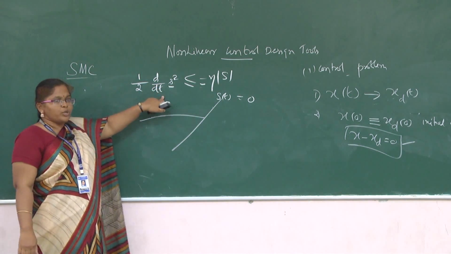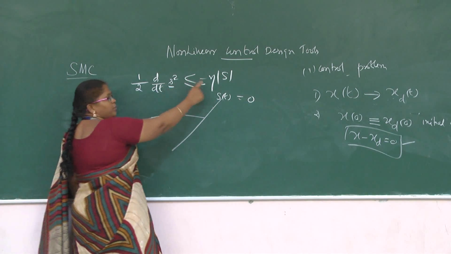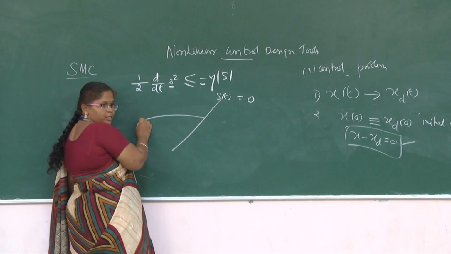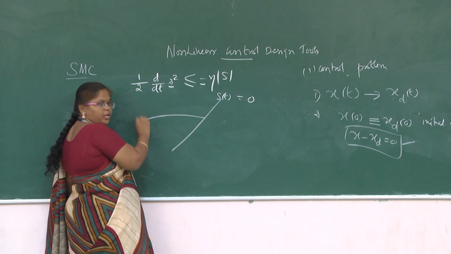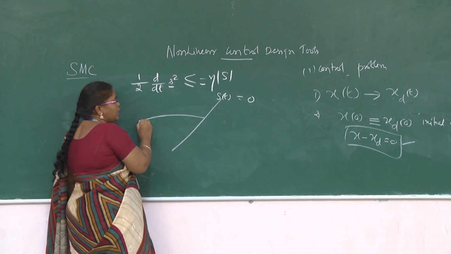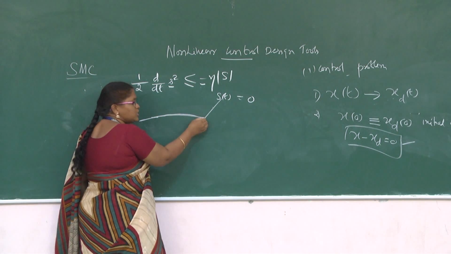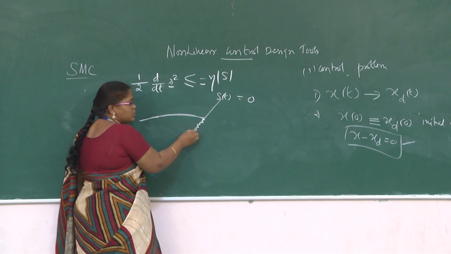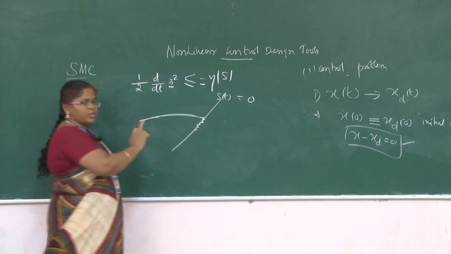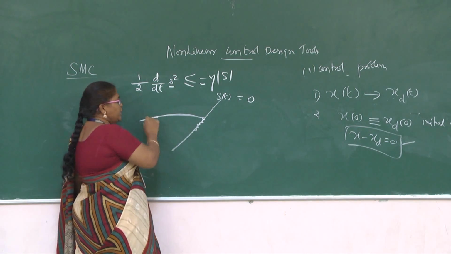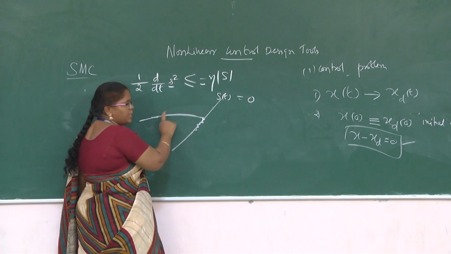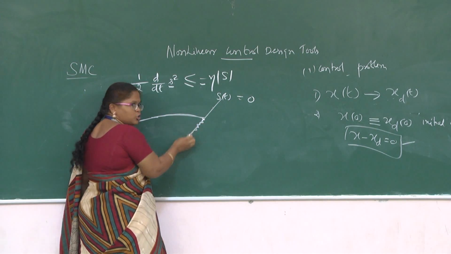So this equation says that your output trajectory starts from anywhere, but based on this equation the distance decreases, and then it hits the surface, and then it stays on the surface. So whatever problem it faces, it will not mind it, it just follows the trajectory, hits the surface and stays on the surface.